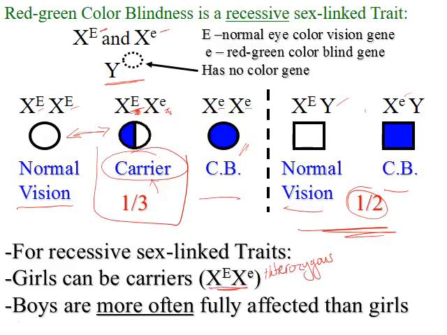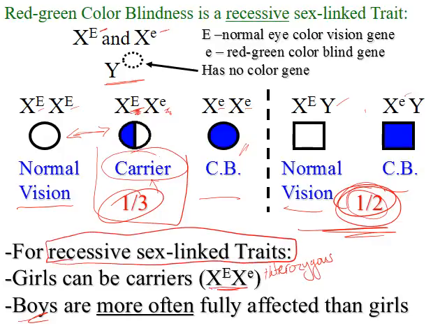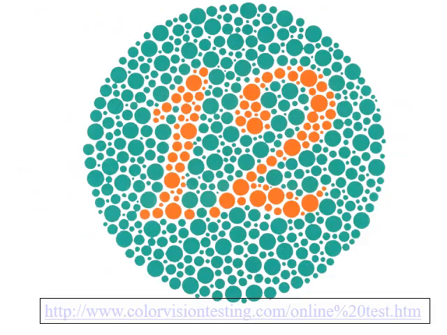But the boys are more often, because it's 1/2 versus 1/3, fully affected than the girls, just by pure statistics. With the boys, you have a 50-50 chance. With the girls, statistically speaking, you have a 1 out of 3 chance. Those are 2 traits that always show up for recessive sex-linked traits in pedigree diagrams.